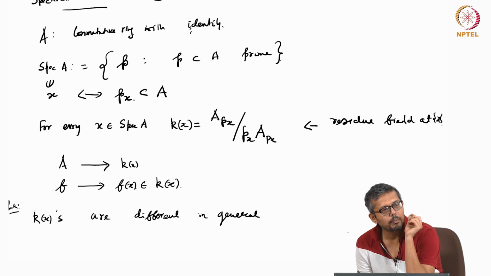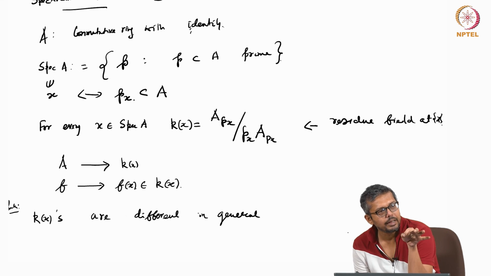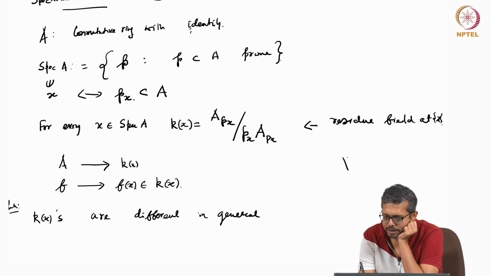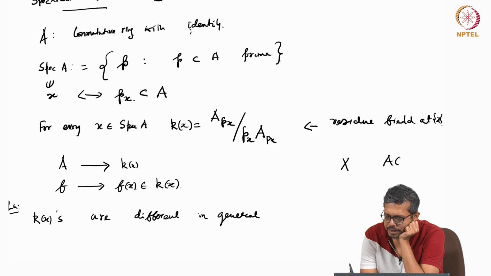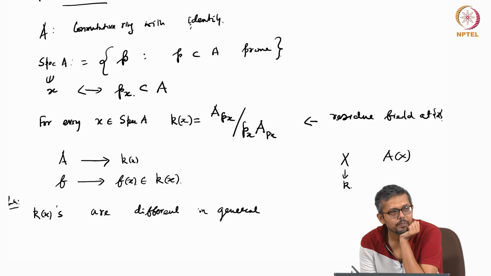When you define a function in the variety case, it was to a fixed field. When you start with the variety X, then you consider A(X), which is like functions to a fixed field k. But here it is not to a fixed field. It is in the residue field for every point.